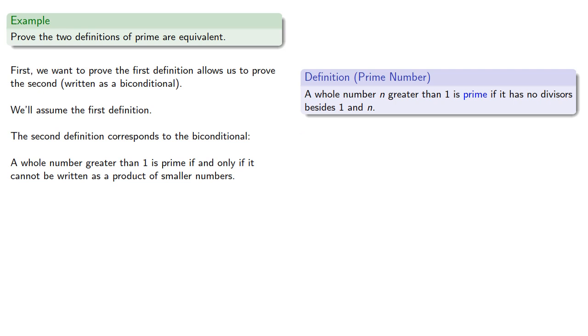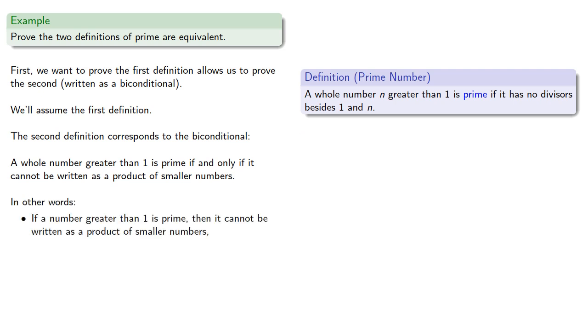Rewriting this as two conditionals: if a number greater than 1 is prime, then it cannot be written as a product of smaller numbers. And if a number greater than 1 cannot be written as a product of smaller numbers, then it's prime. So let's try and prove these.